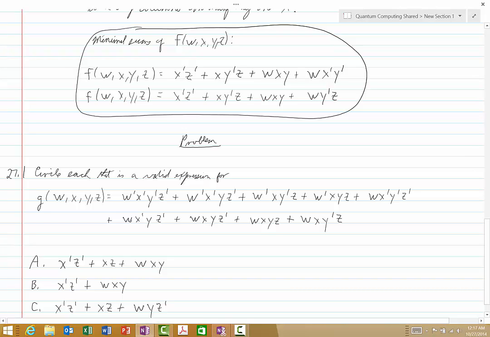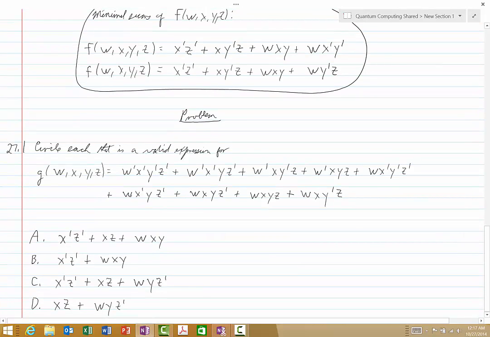This is again a Boolean function of 4 Boolean variables, and I ask you to circle each one of these that is a valid expression for that. So I'm telling you that at least one of these 4 expressions here is equivalent to G, and possibly more than one is equivalent to G. But you need to circle each one of these that is equivalent to G.